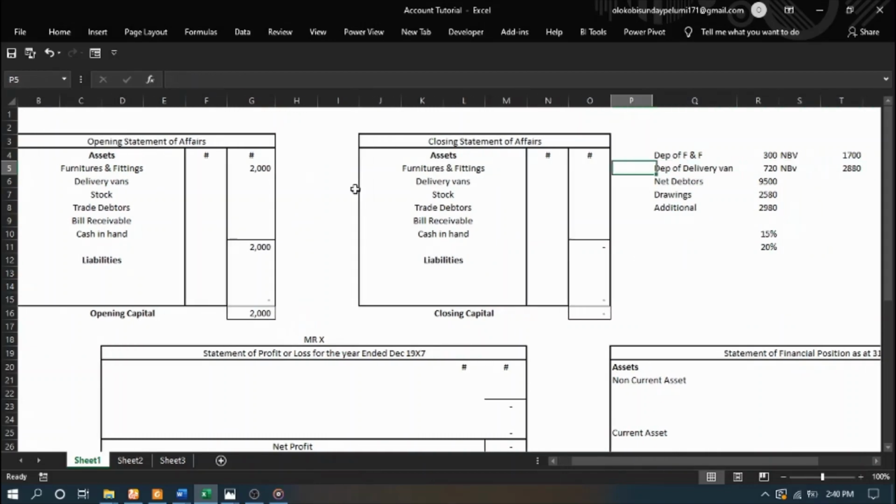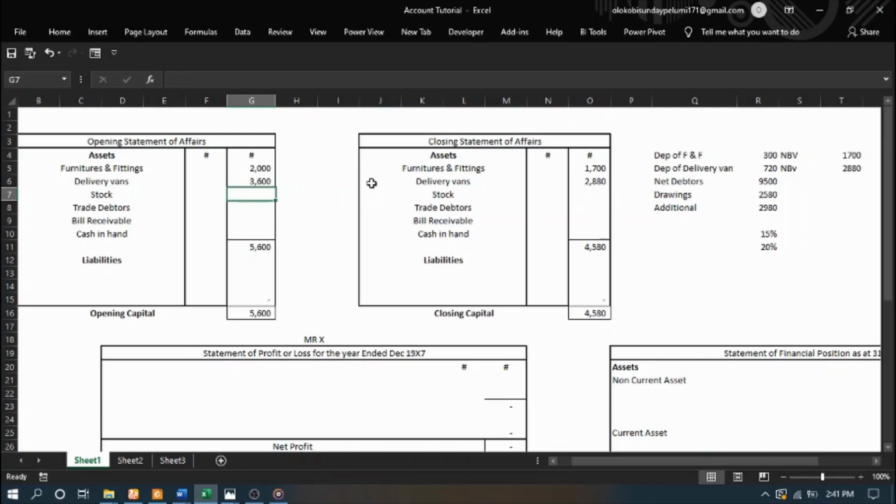The NBV is 17, so 17 here as closing statement of affairs, as a result of depreciation. Alright, so delivery van was 3,600 at the beginning, and now it has depreciated and it has become 2,880.